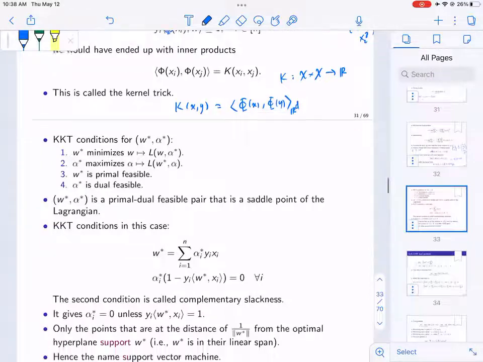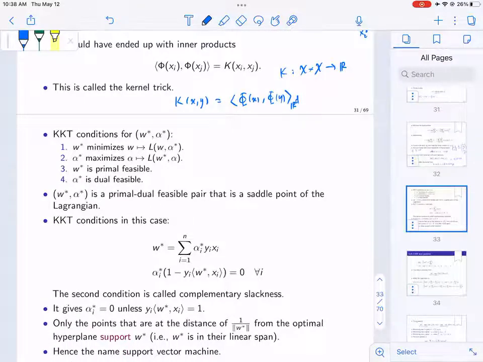If you go back to the KKT conditions, the minimizer for this one: the Lagrangian is f(w) plus the summation of alpha_i star g_i, i from 1 to n. If things are unconstrained, usually you take the gradient and set it equal to 0.